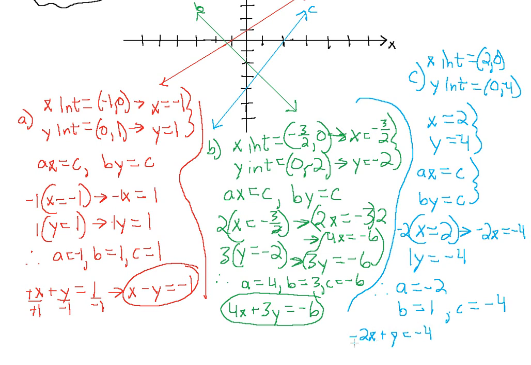And again, we don't want a negative coefficient for x, so let's divide through by minus 1. These negative signs cancel, and we have just 2x minus y equals 4. And that's our answer here.